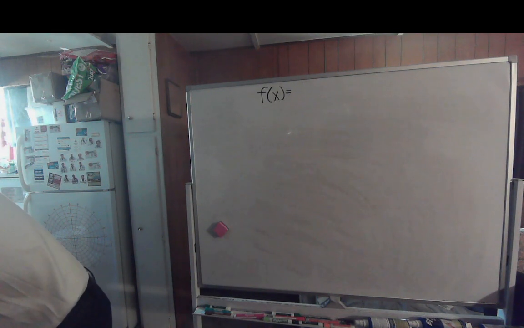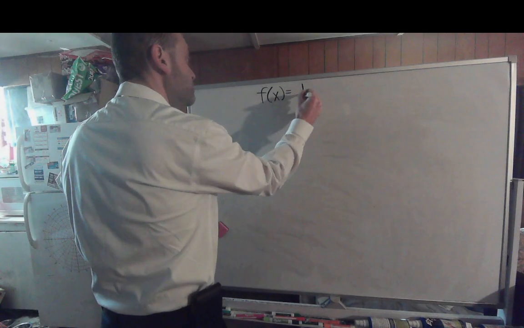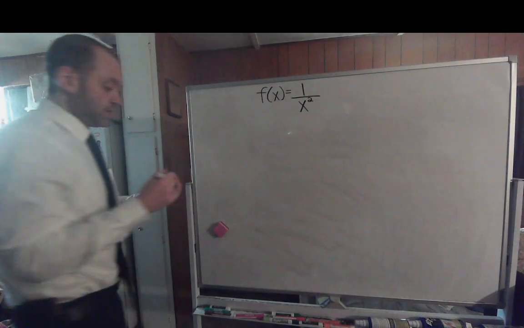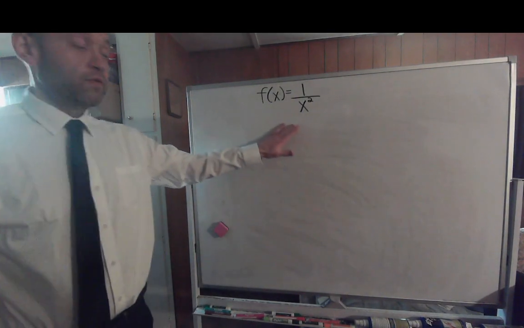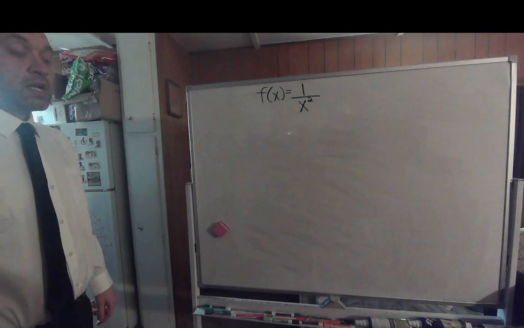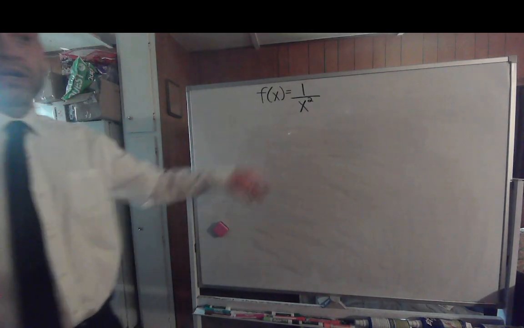Alright. How about one like this? f of x equals 1 over x squared. Well, this is pretty much a rational function, only you're squaring the x.